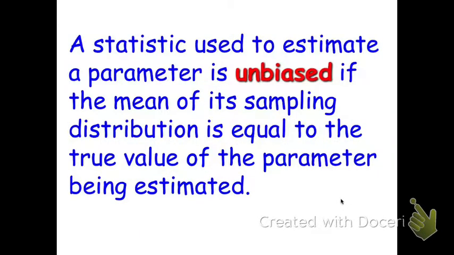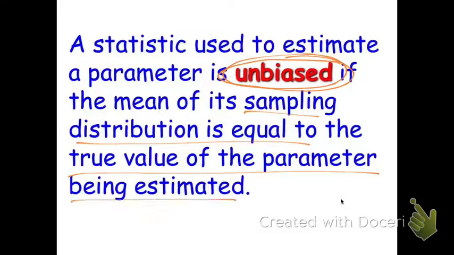Something new that you'll see on several multiple choice questions is which estimate would be the most unbiased. This is a new vocab term. Unbiased means that the sampling distribution is centered at the true value. So all you're really looking for is your distribution centered at the mean.